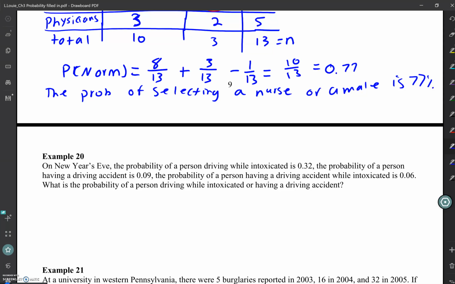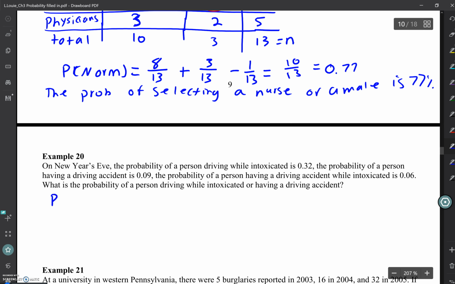So they gave me a lot of information, and that is always my first step, to go through, read the question, and then assess what we have after. So let's break down each piece. I know the probability that a person drives while intoxicated, we'll just say probability of I, is equal to 0.32.